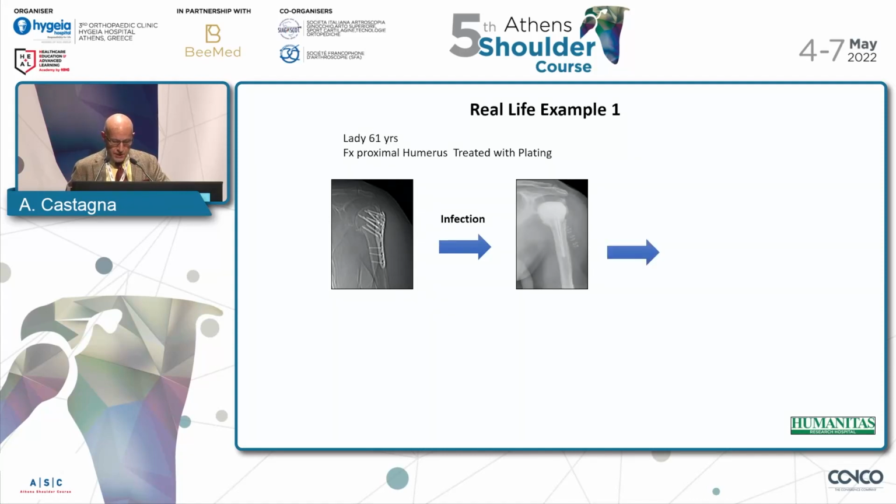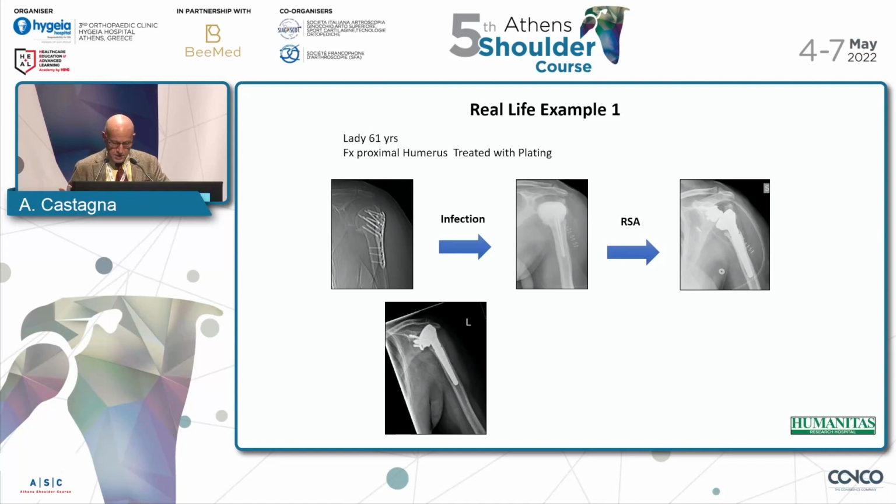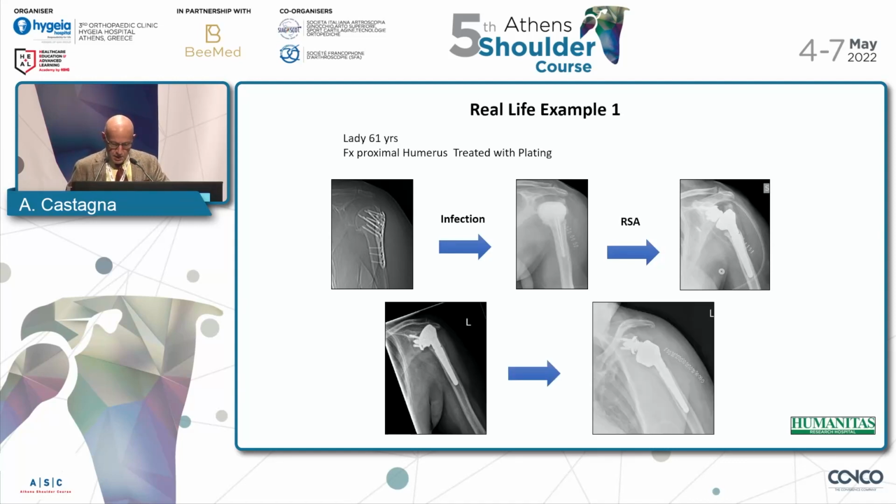She got an infection, was treated with a reverse, and of course was missing a lot of bone. You see that the implant has no bone in the proximal part, dislocated, and in this case just increasing the lateralization helped. Look at the acromial position in the first implant and in the second one.